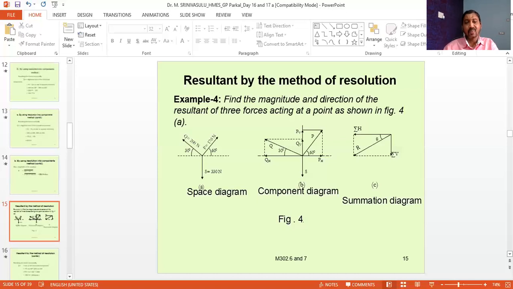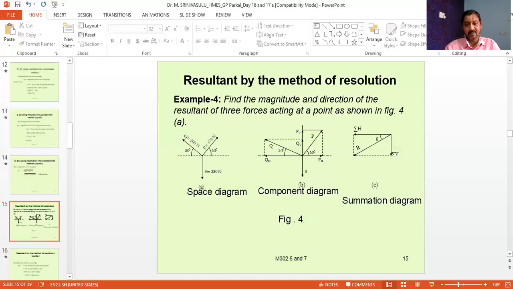Now for this problem, this is the given data. The three forces are given. P is equal to 170 newtons, Q is equal to 200 newtons, and S is equal to 330 newtons.